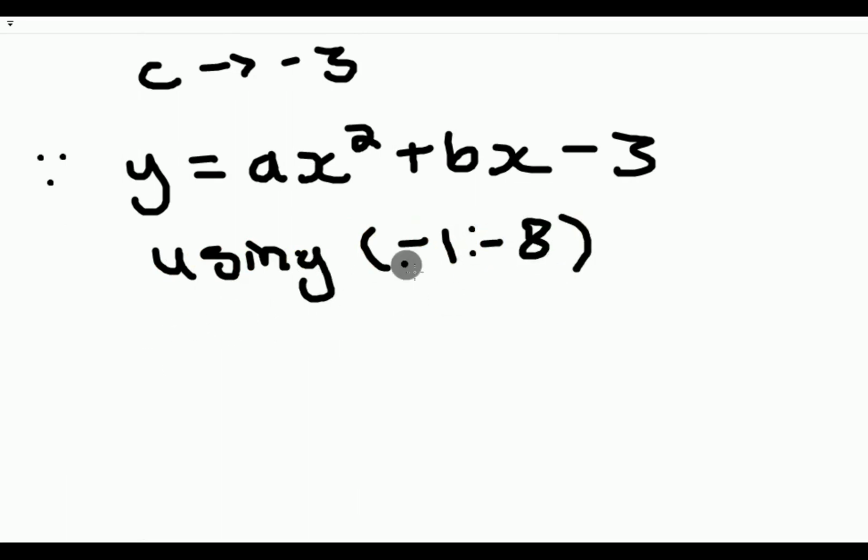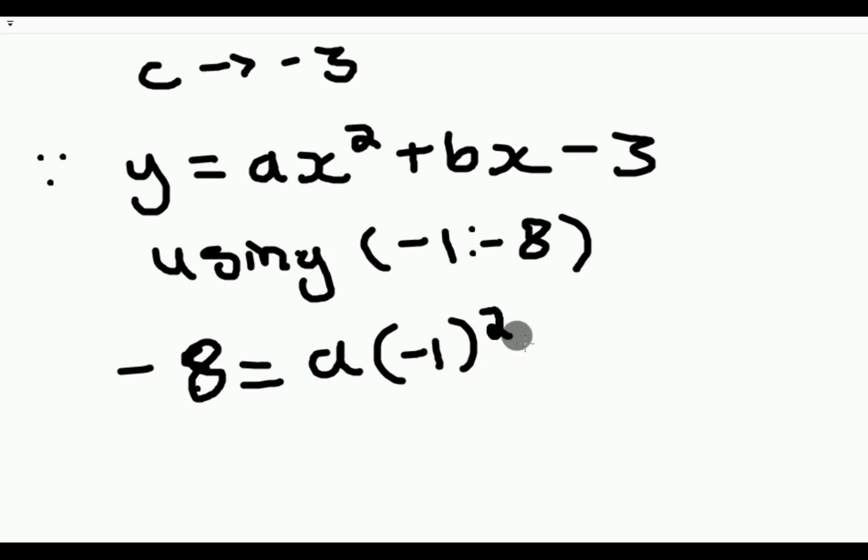We are going to substitute minus 8 where there's y on this formula and minus 1 where there's x. So we are going to say minus 8 is equal to a, open brackets, minus 1 squared plus b multiplied by minus 1, minus 3.